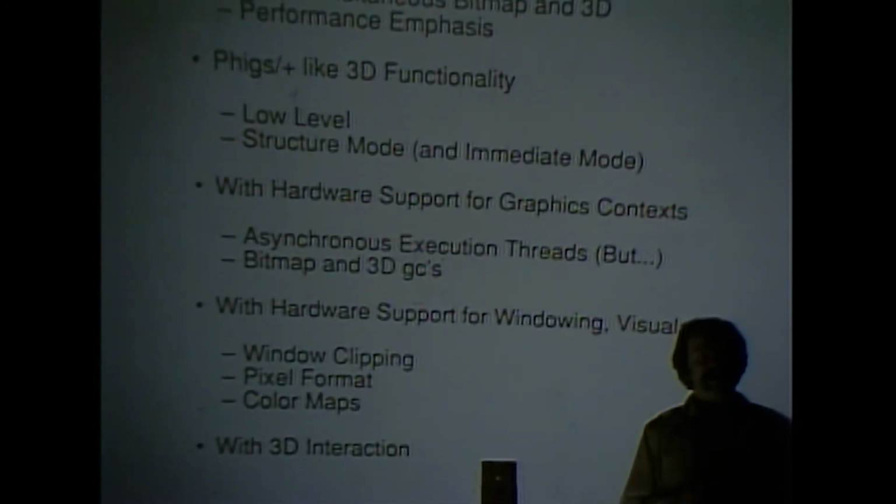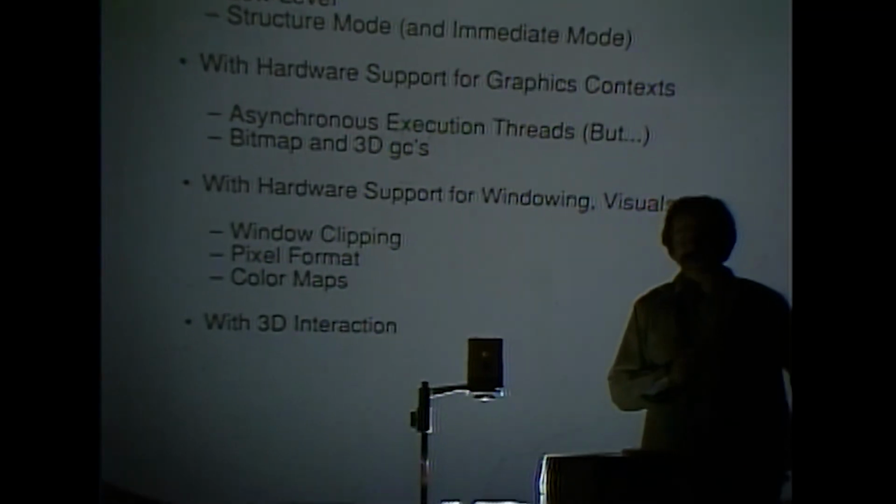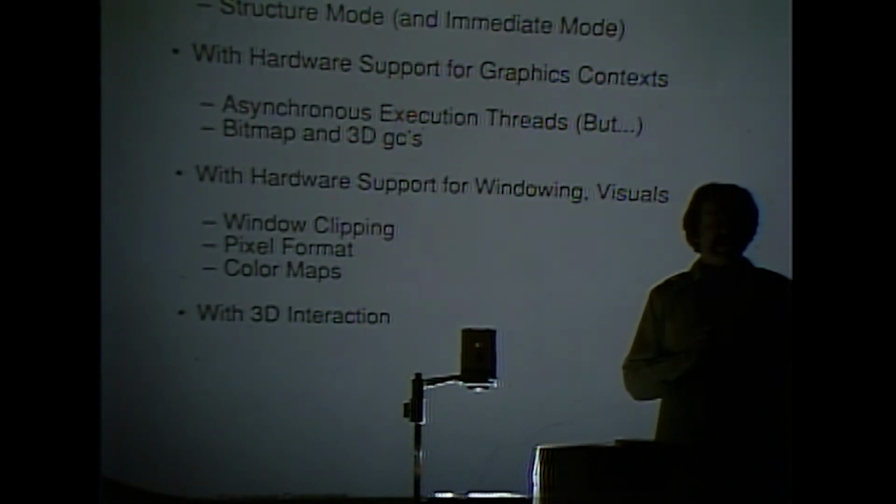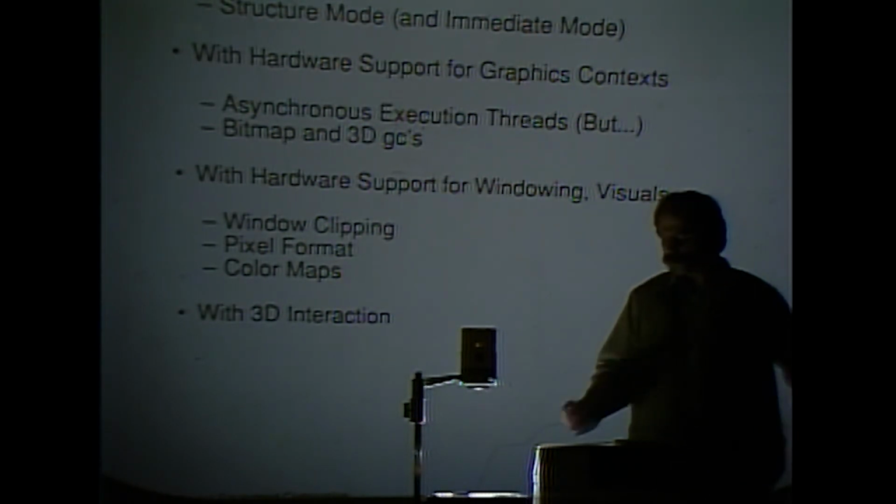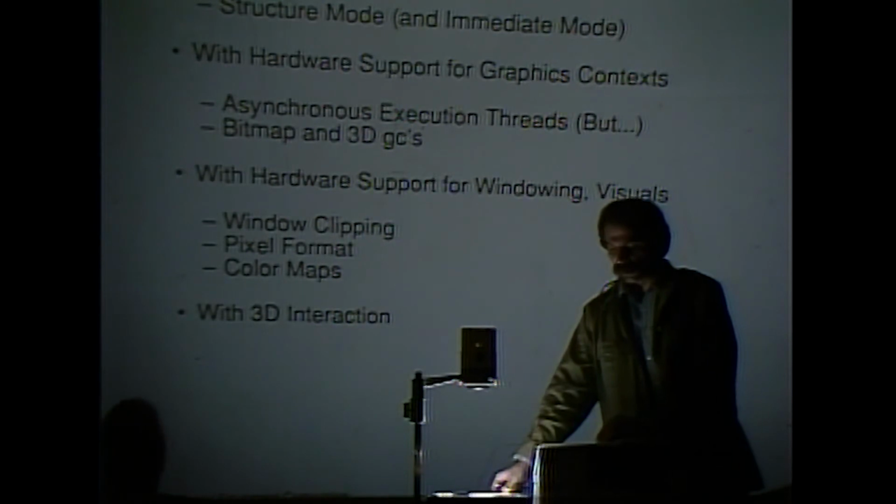The hardware also supports windowing and visuals with window clipping to arbitrary regions, pixel format, multiple color maps, and then also tightly coupled 3D interaction so that input events can change display directly without having to loop back.